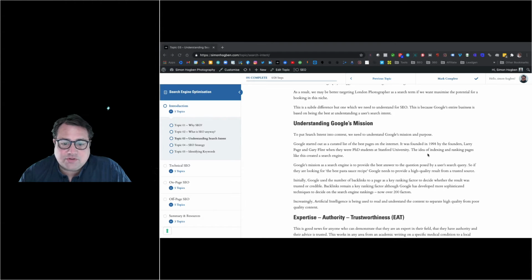Now these days Google's much more sophisticated. It uses hundreds of different ranking factors in its algorithm. It's using AI to understand words, sentences, mood. It can read images. It can understand text written on top of images, etc. So getting very, very clever. All this is down to trying to focus on search intent.